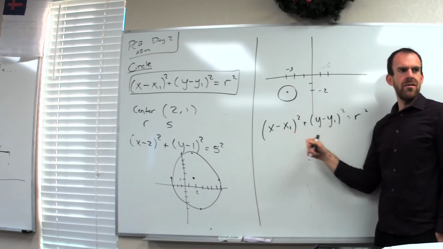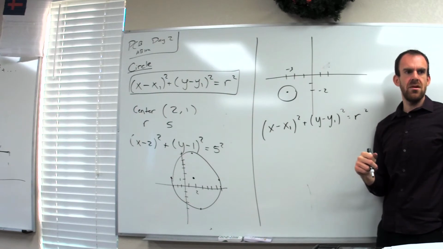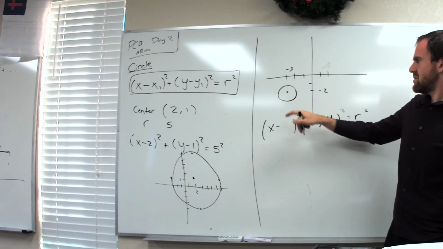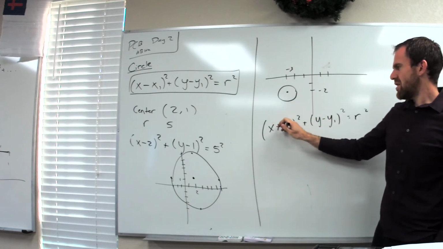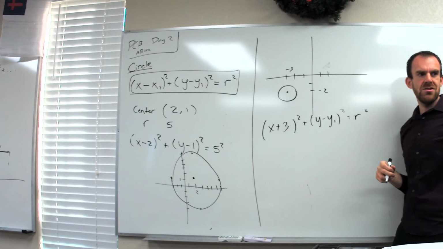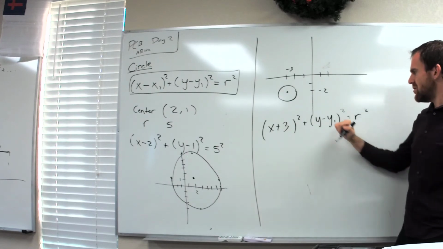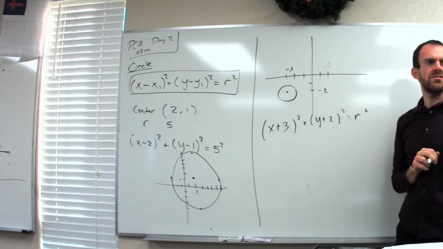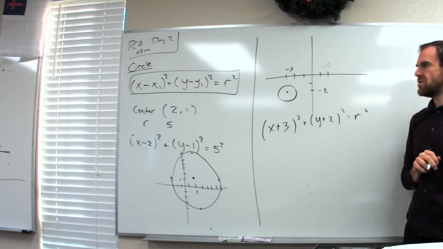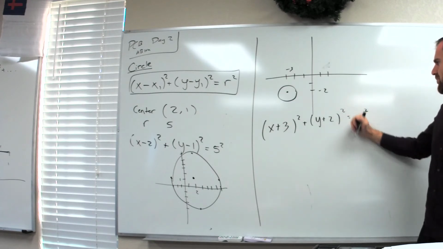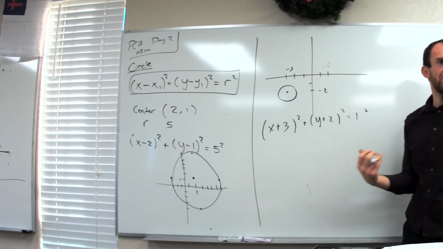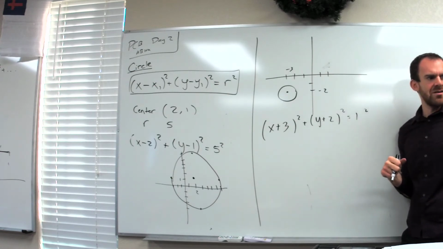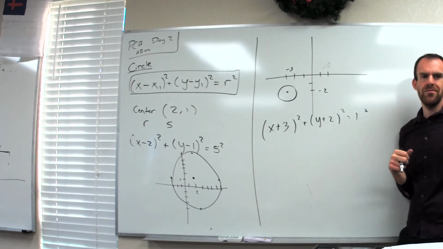What is x1, Micah? -3, because it's the x-coordinate of the center point. So that's going to be +3. What is y1, Christian? -2. So that will also become a plus. What is the radius, Victor? Radius would be 1. Yep. So that's that. If they asked you for the center and the radius, you could get that. But that's the equation. Sound good? Do we like circles? Yeah, most of the time.